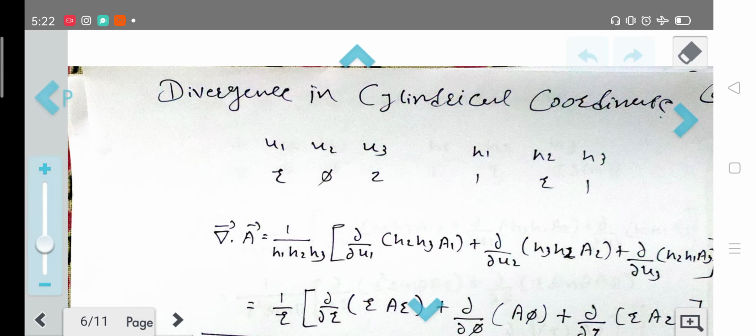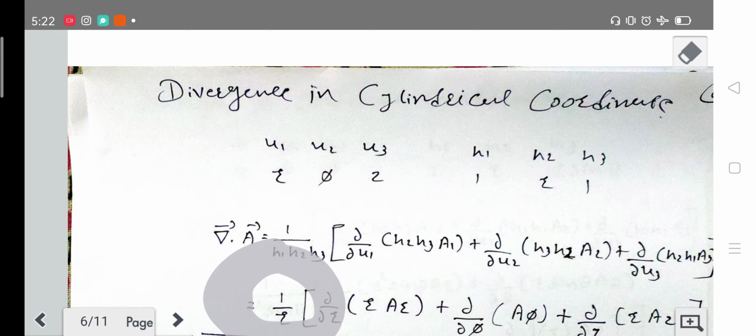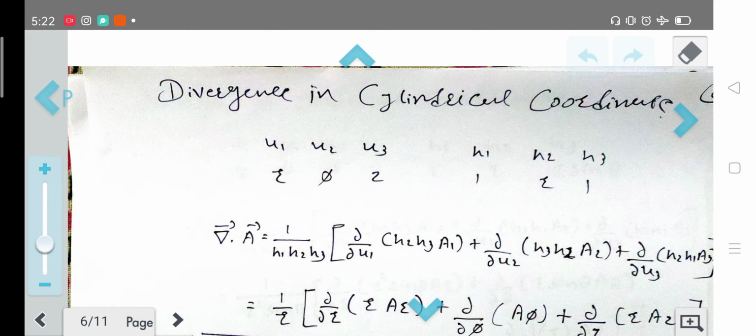Simply by putting 1 upon r inside the equation, we will get the final equation. You can also keep 1 upon r outside of the equation.